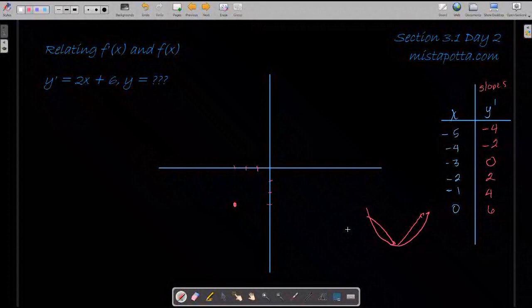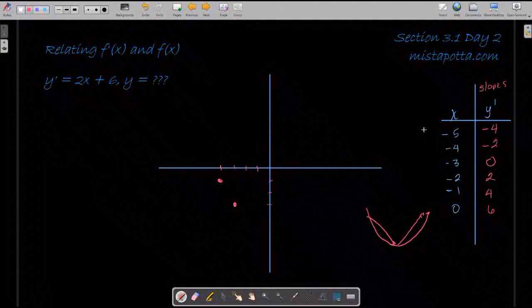So I can talk about the behavior of my function. For an x value of negative 4, I'm expecting a slope of negative 2. Well, if I'm looking at a slope of negative 2, that means to get to this point, I had to have gone down two and to the right one. So I'm looking at something over here.